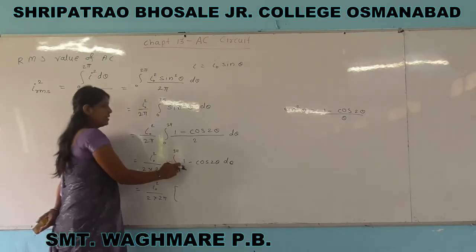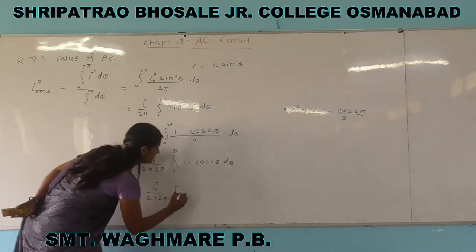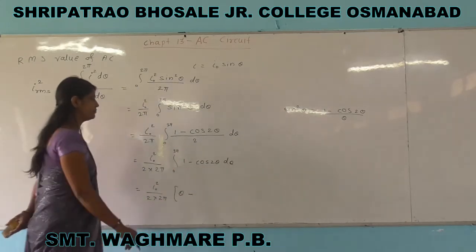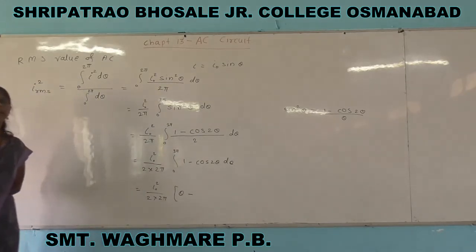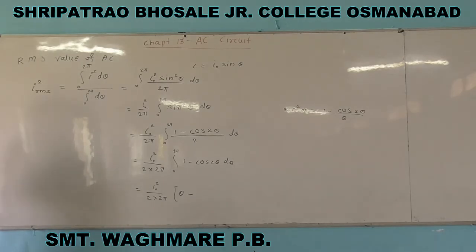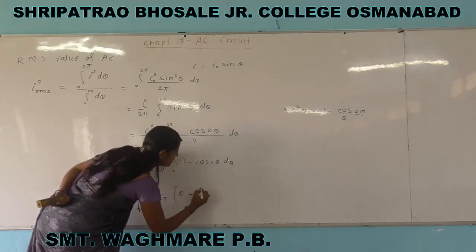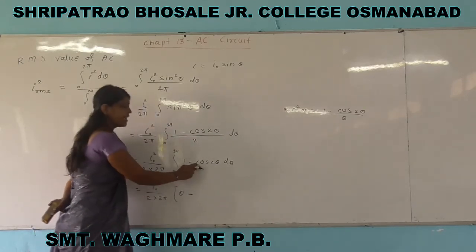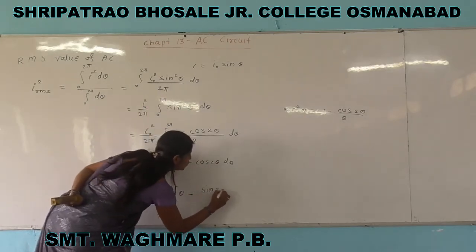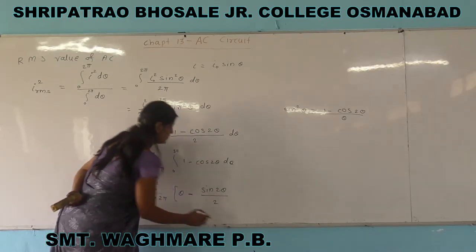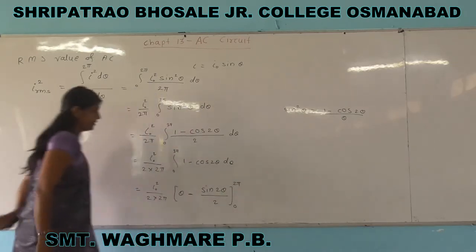The integration of 1 with respect to theta is theta, and minus the integration of cos 2 theta, which is sin 2 theta divided by 2, since the integration of cos theta is sin theta. We take the limit from 0 to 2 pi here.